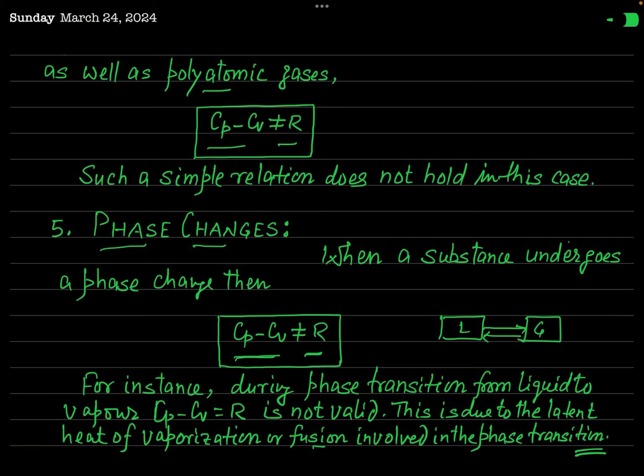In those cases, this relation does not hold good. So don't think that Cp minus Cv equal to R is a universal relation which will hold always. I think now your misconception that Cp minus Cv equal to R holds always has definitely been cleared. It does not hold always.